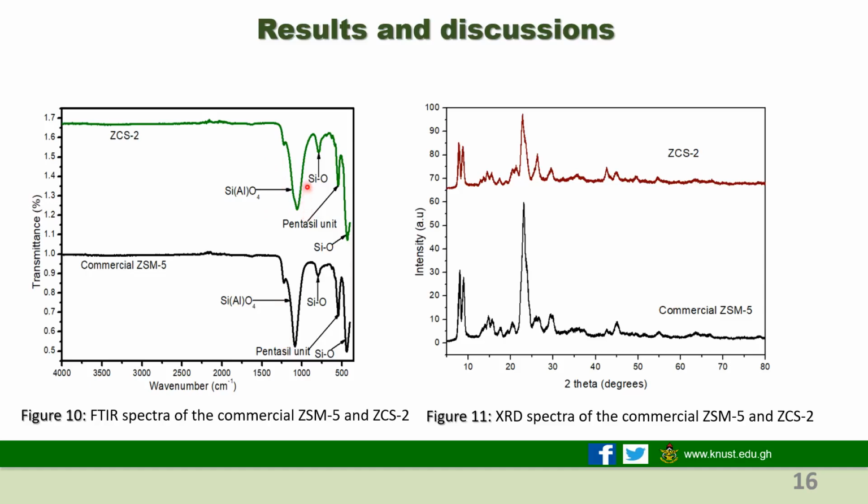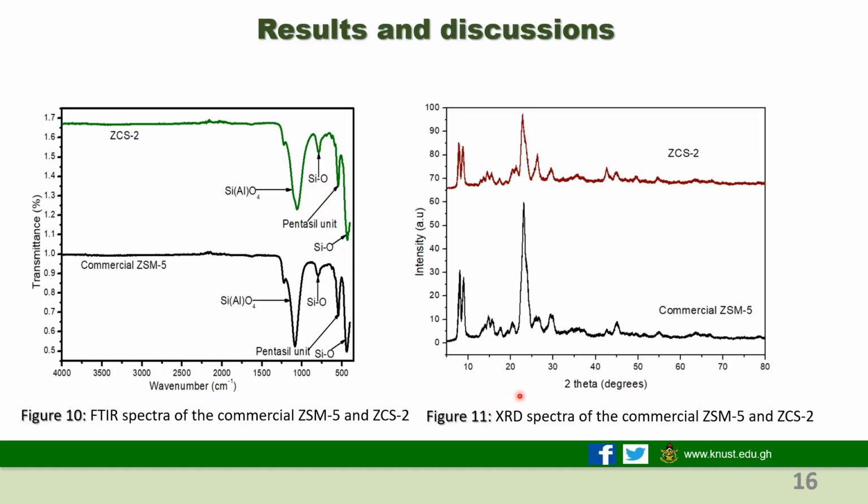The silicon-oxygen bond vibrations are present in ZCS2 as are observed in the commercial sample. More significantly, the pentasil unit vibration is present in ZCS2 as it is observed in the commercial ZSM5 sample, indicating that there was formation of ZSM5 in the ZCS2 sample.